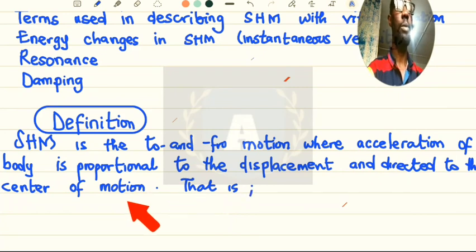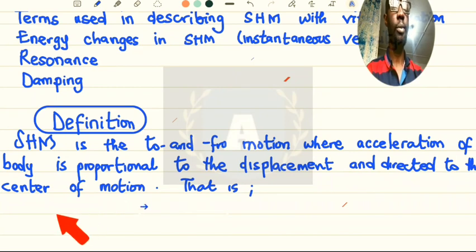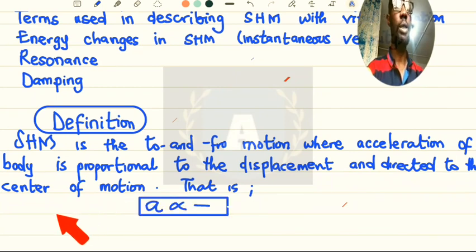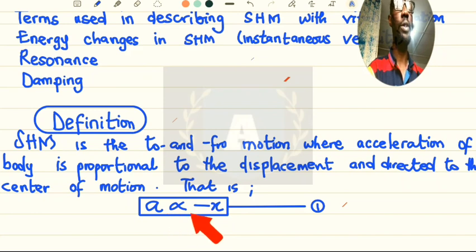Now, what does that mean? It means that, writing the equation, acceleration varies directly as displacement. That is the first equation we're going to write. Now you see minus x here, meaning the acceleration varies directly as minus x.